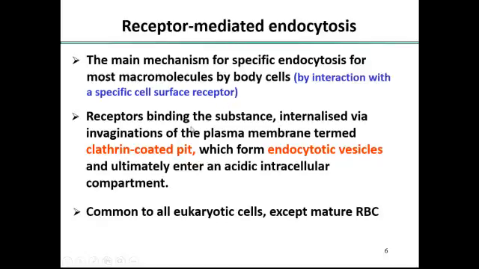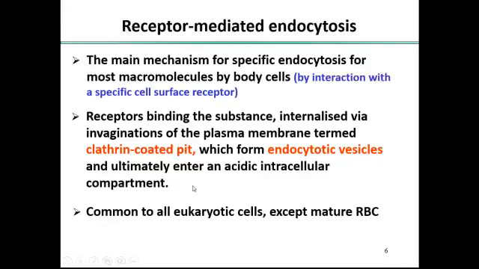The receptors bind with the substance and then it is internalized with the invagination of the plasma membrane. That is called a clathrin-coated pit, which forms the endocytotic vesicles and then forms an intracellular compartment.